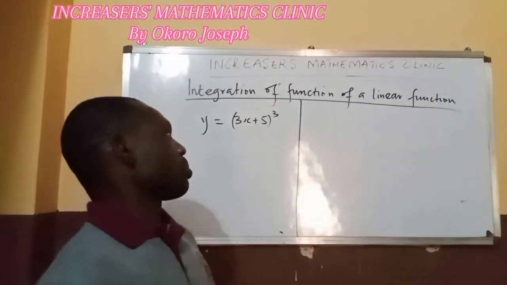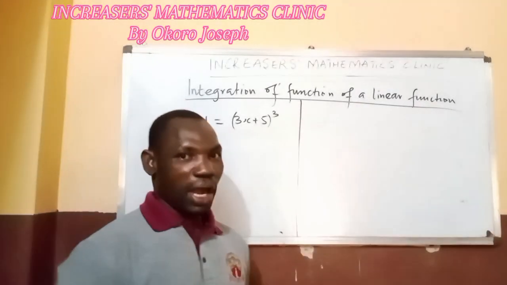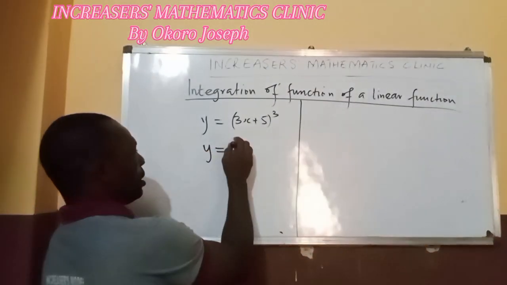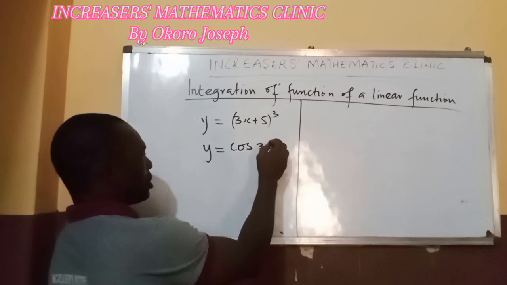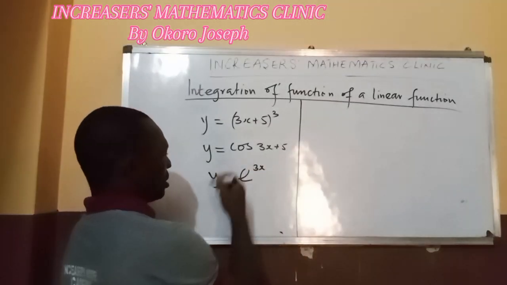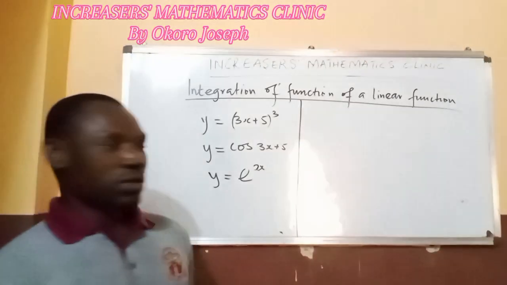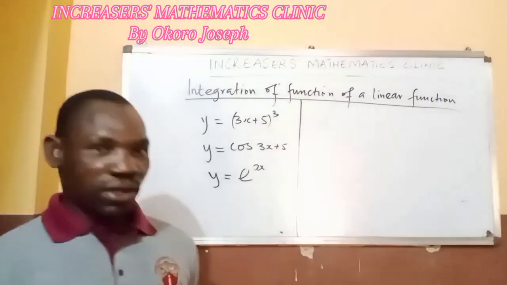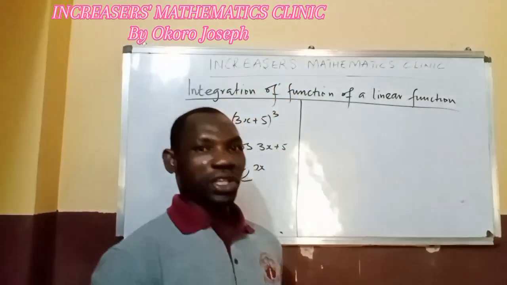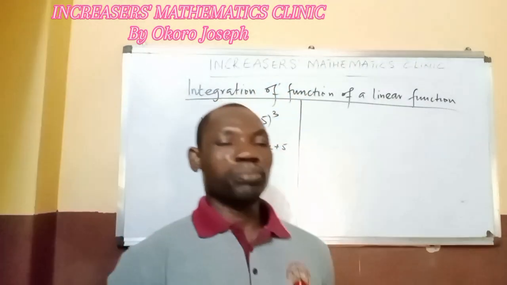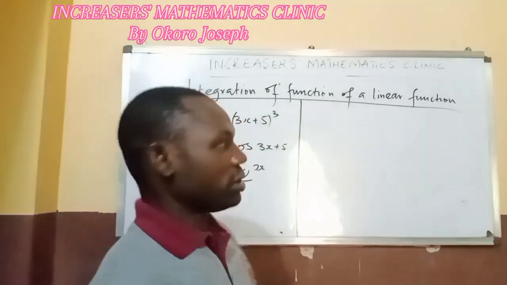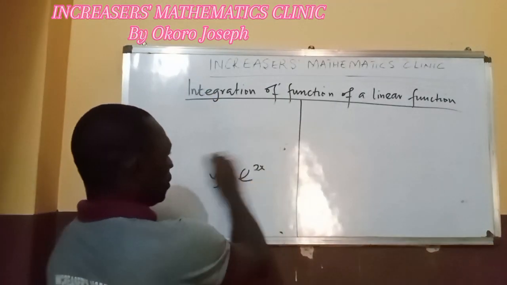Other examples are y equals cos(3x plus 5) and so on. So these are examples of a function of a function. So we are going to see how to resolve problems in integration that involve a function of a linear function.